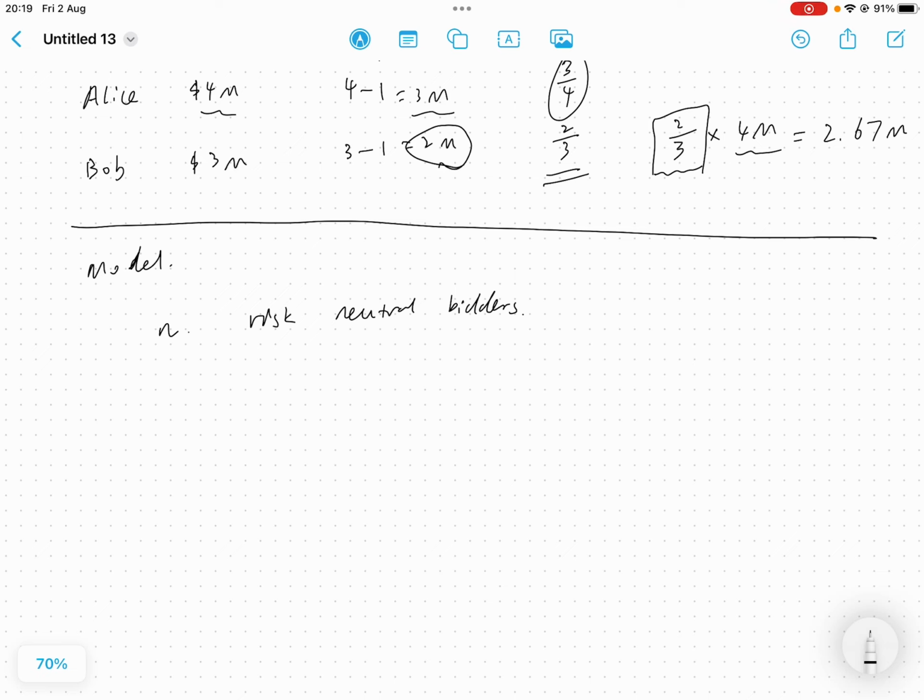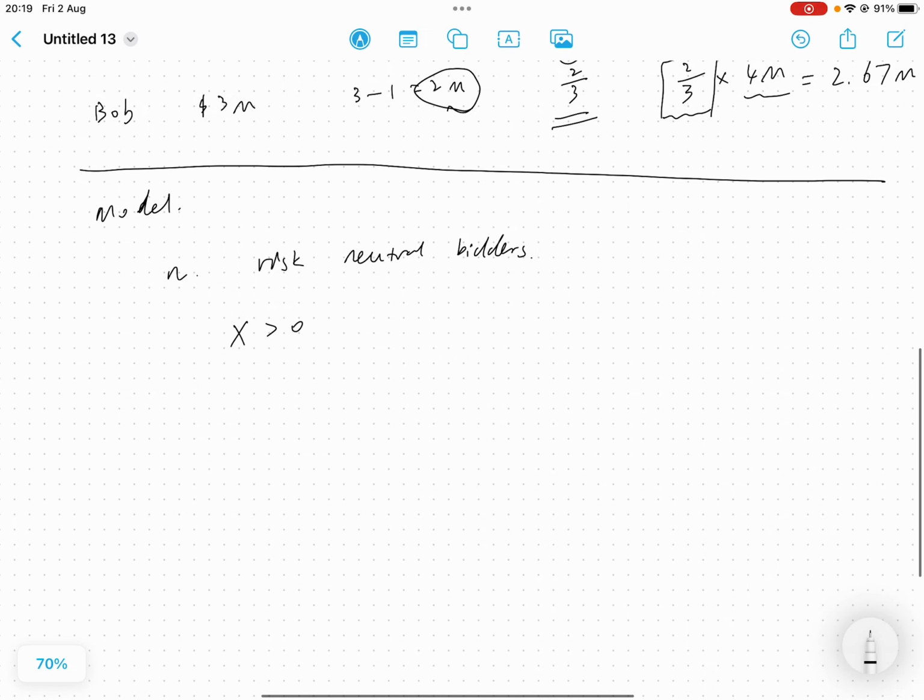The winner is required to make an investment, as we said, like a $1 million investment. So X is a positive number, the minimum amount of cash that the seller must raise. X is the same for all the bidders, so that's some constant number.